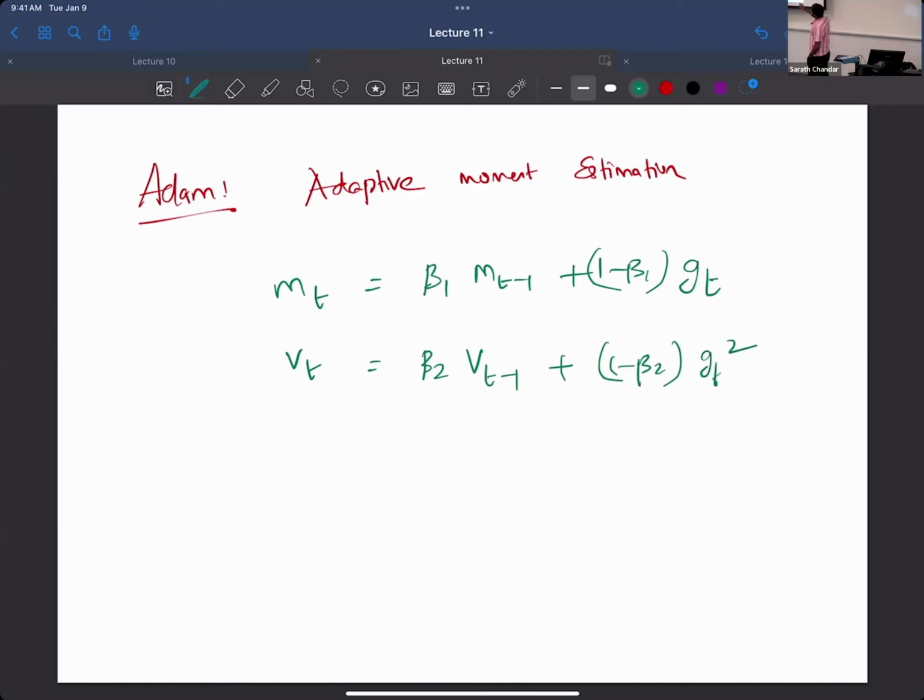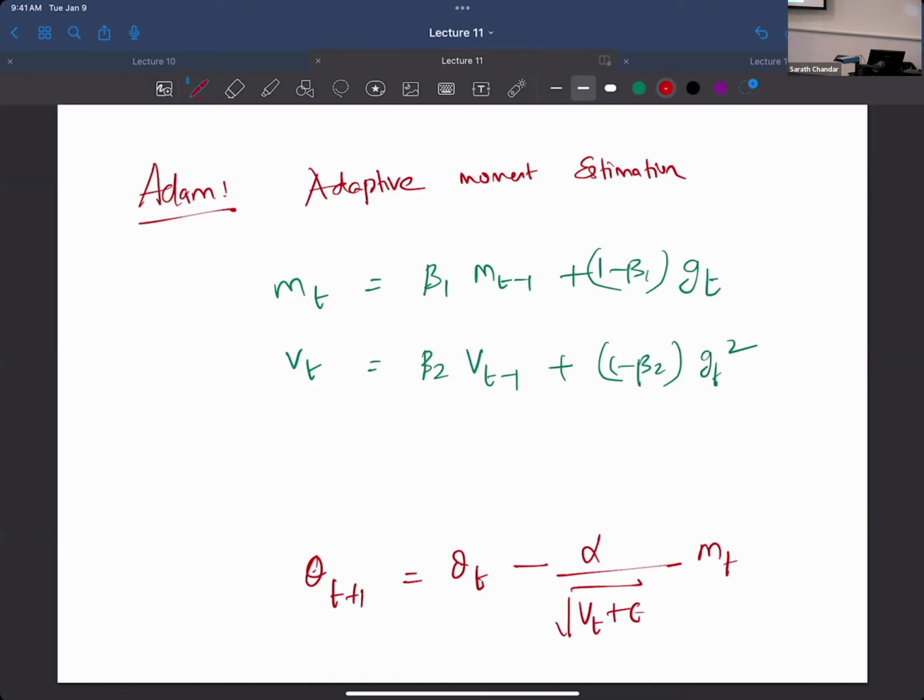So that is first order information. Then you have the second order information, right? So you're integrating both the first order and second order statistics, the g_t and g_t squared. Now you could do theta_{t+1} equals theta_t minus alpha divided by (square root of v_t plus epsilon) times m_t.